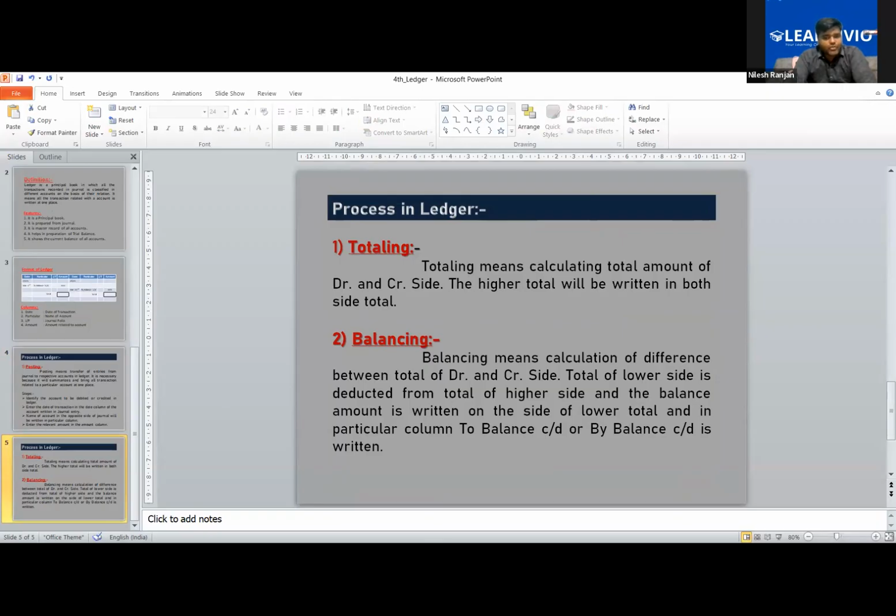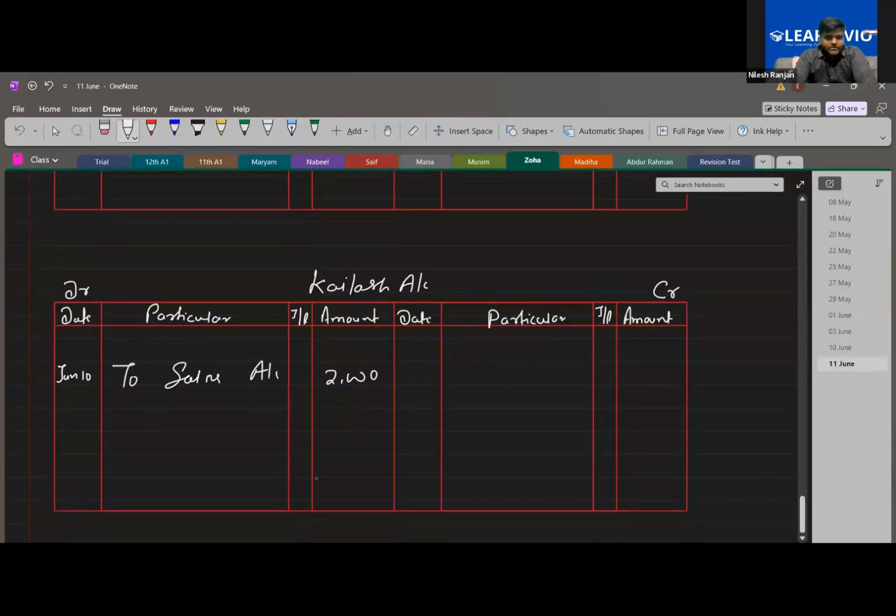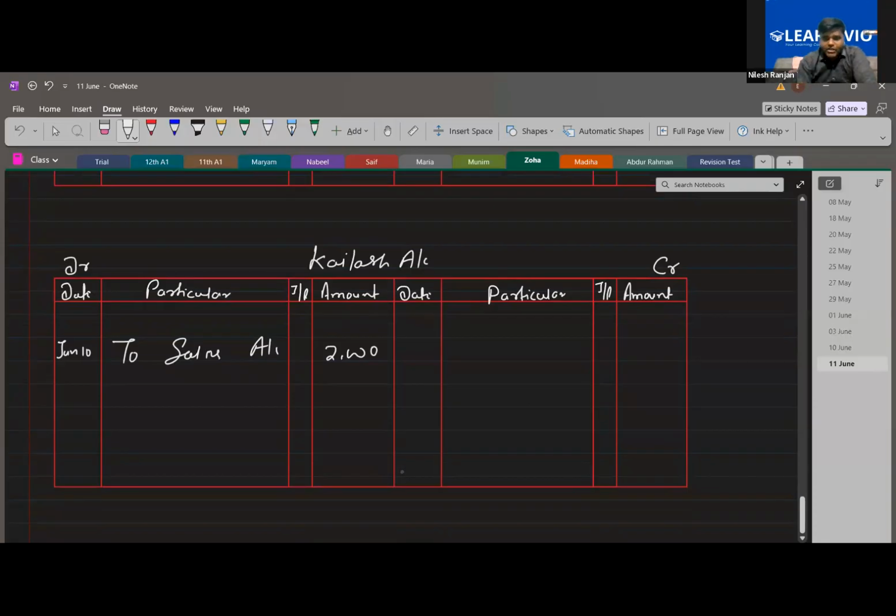Like in Kailash account, debit total is 2,000 and the credit is nothing, so it is 0.